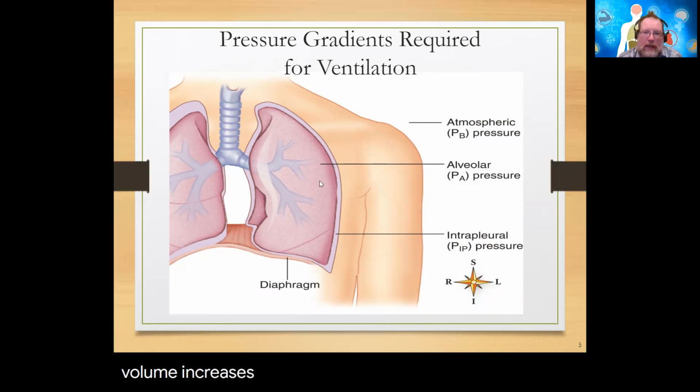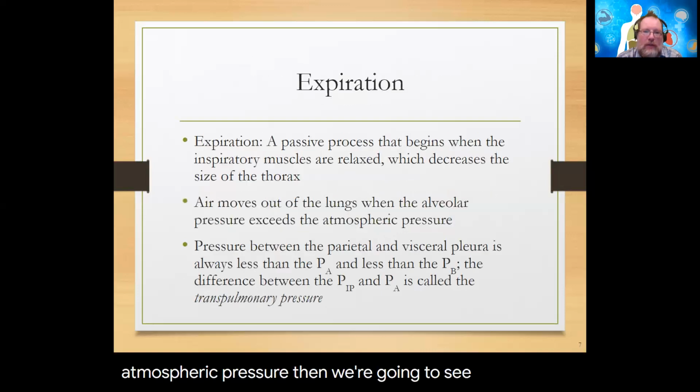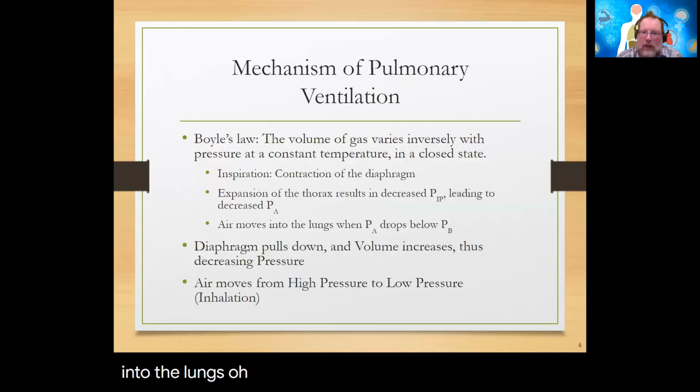Okay? At the same time, alveolar pressure is decreasing as the volume has increased. Okay, once pressure A, or the pressure inside the alveoli, drops below atmospheric pressure, then we're going to see air moving into the lungs.